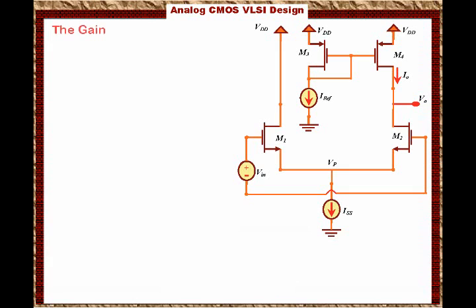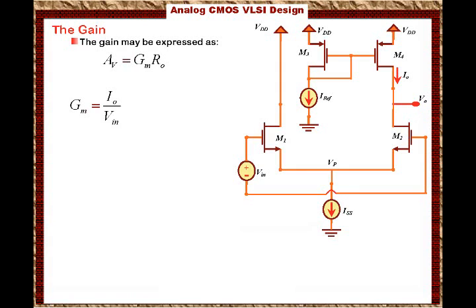The voltage gain AV will equal capital GM times RO, where capital GM is the transconductance of the amplifier, and RO is the output resistance of the amplifier, looking at it from the output. Then we can define GM, the transconductance of the amplifier, to be IO over Vn.